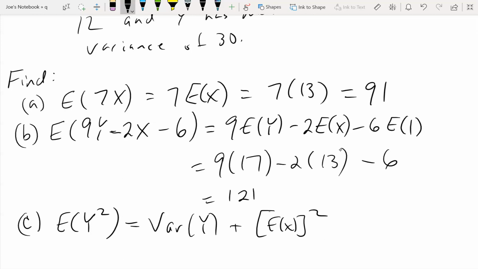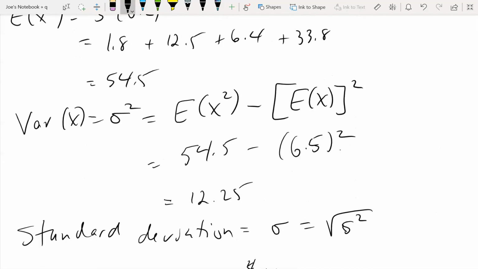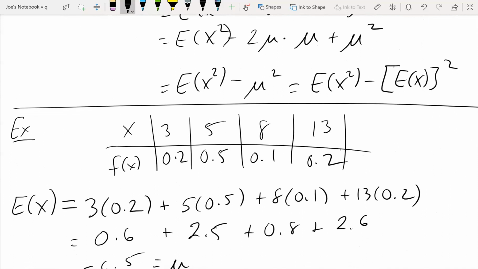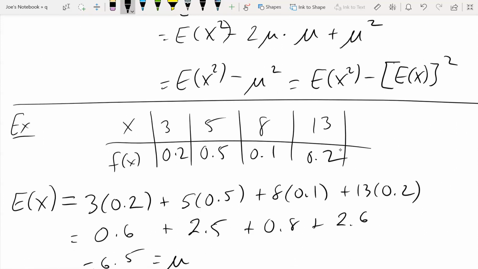You're exactly right, because this would have been subtracted over in the formula, right? The variance is the expected value of x squared minus the expected value of x quantity squared. It's just shifted. Look back up at your formula. We've just shifted the expected value of x quantity squared to the other side.